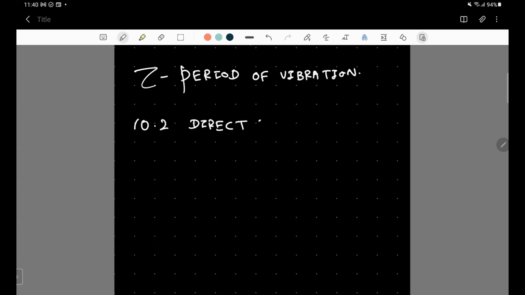Direct derivation of the bar element equations.